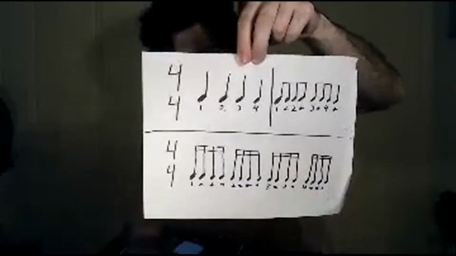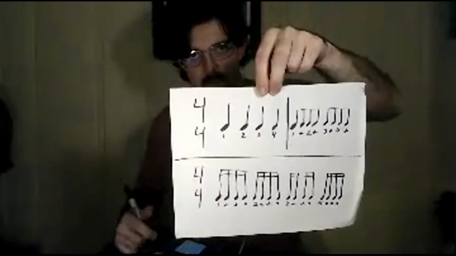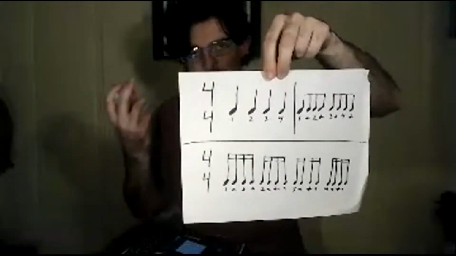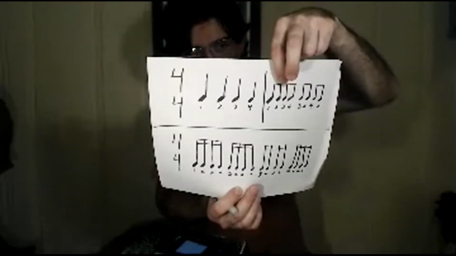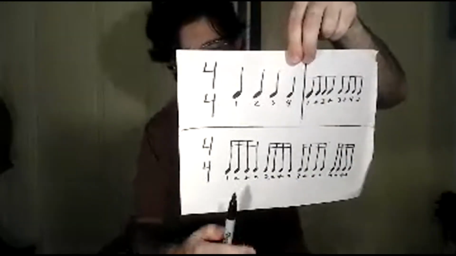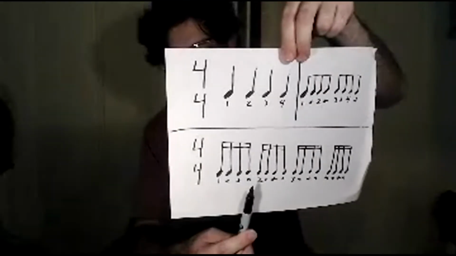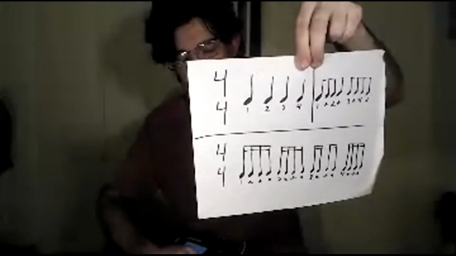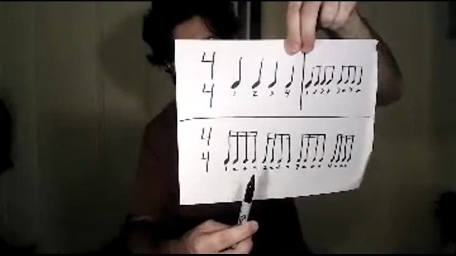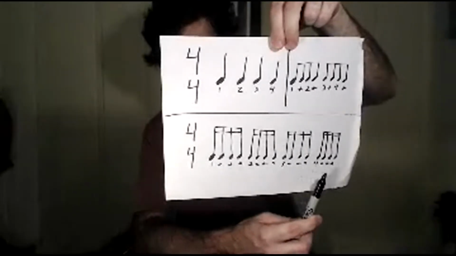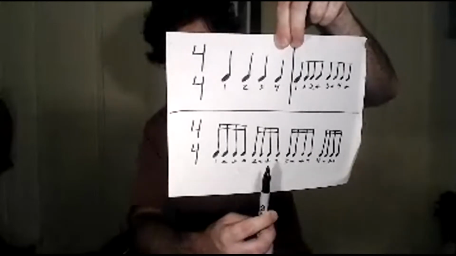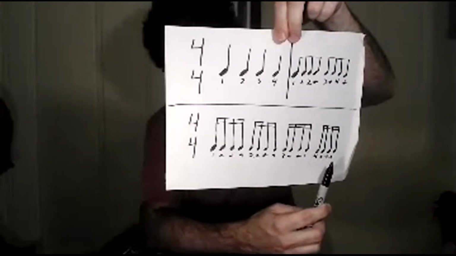But notice that the numbers still happen in the same spots. I'm just adding an and to keep track of those notes that are happening in between. Here, the 1, 2, 3, 4 is still going to happen in the same spots, but now we've got to split it into 4 equal sections, so they're going to be really fast notes. 1E and 2E and 3E and 4E and 1E and 2E and 3E and 4E and. So hopefully that makes sense.